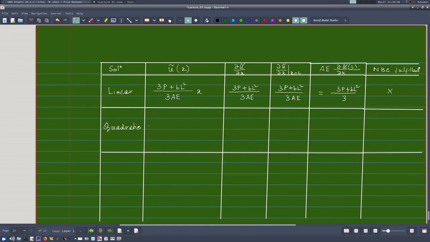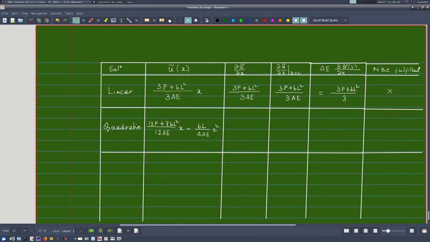It is 12p plus 7bl square by 12 ae into x minus bl by 4 ae into x square.